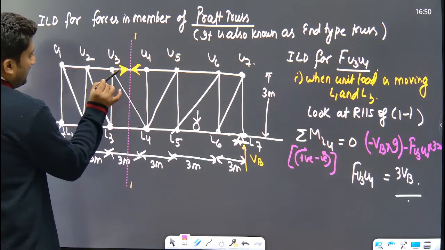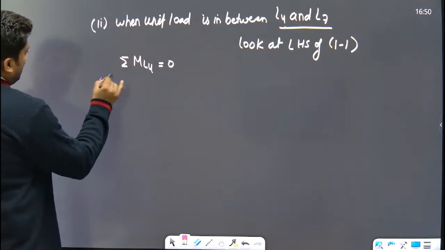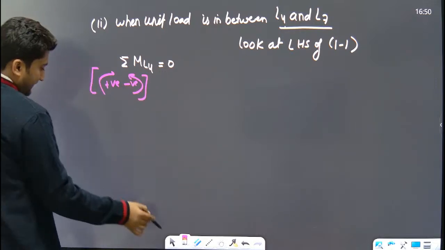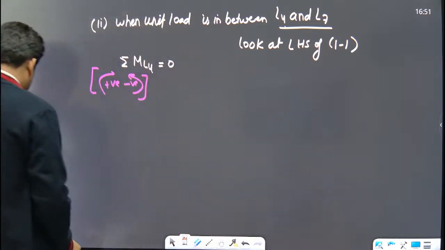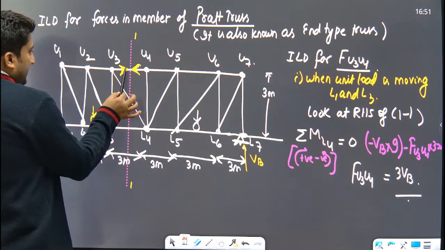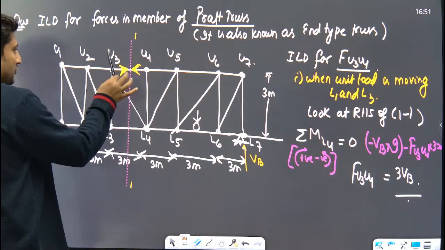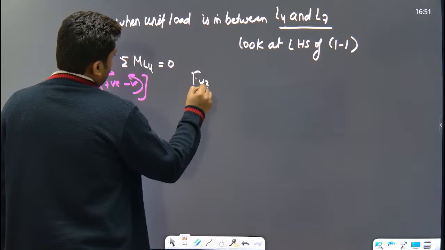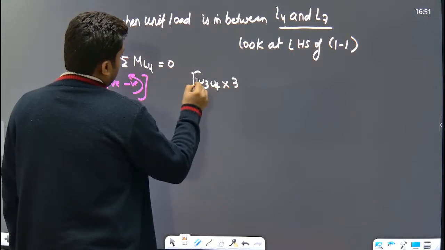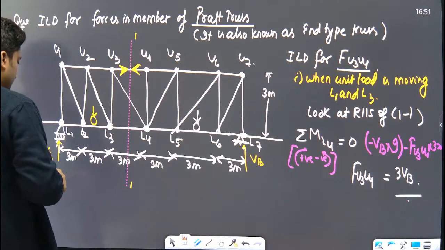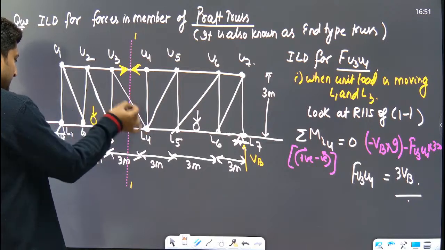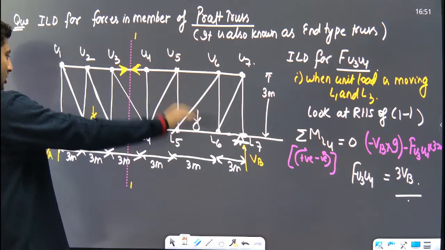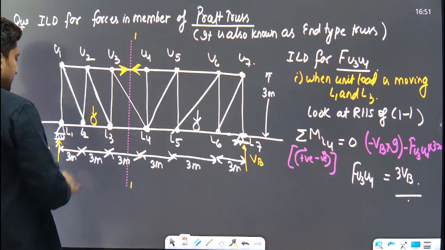So here the sign convention is clockwise positive, anti-clockwise negative. From tail towards the head, this is clockwise: force in the member U3, U4 into 3 meter. Then VA, from tail toward the head towards the L4 point, is clockwise. 3 meter, 3 meter, 6 meter, 9 meter.